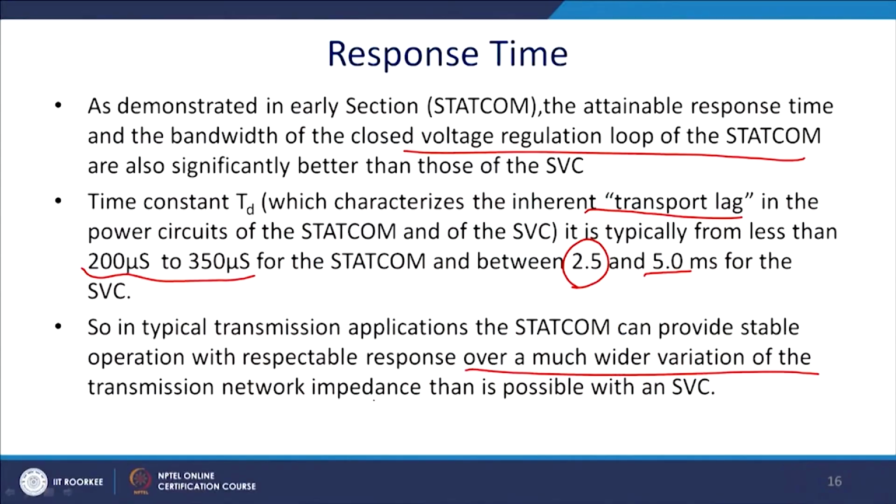For this, you may have to wait a total quarter cycle. So, in typical transmission applications, the STATCOM can provide a stable operation with respectable response over a much wider variation of the transmission network impedance than is possible with the SVC. So, of course, we can say that in transient stability also the STATCOM supersedes the SVC.